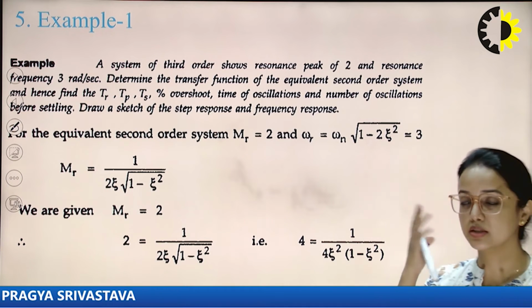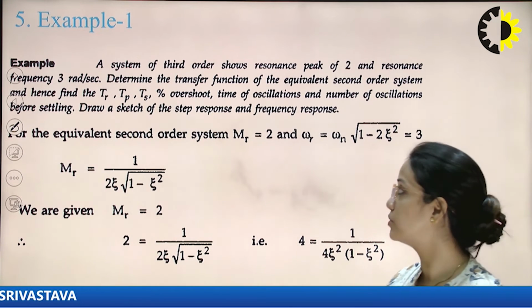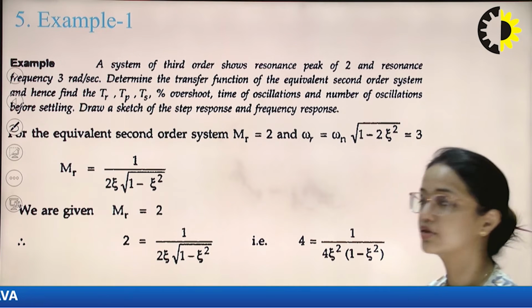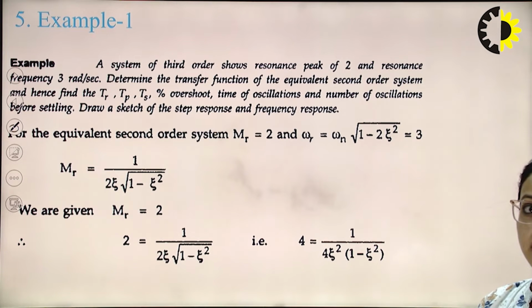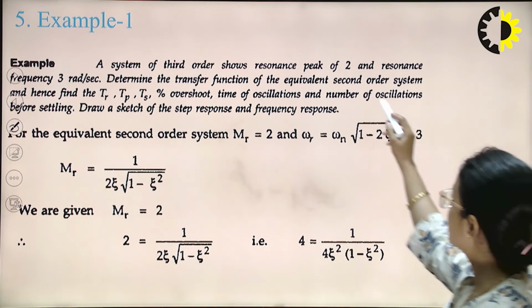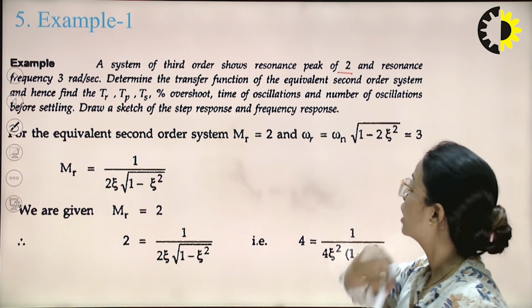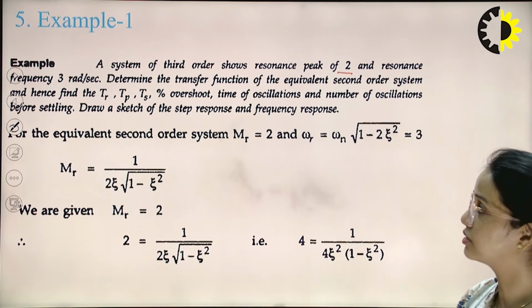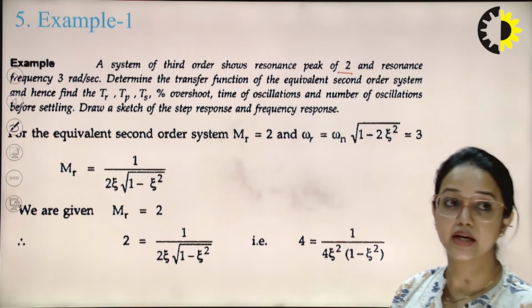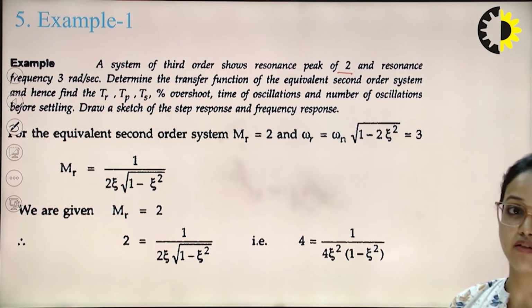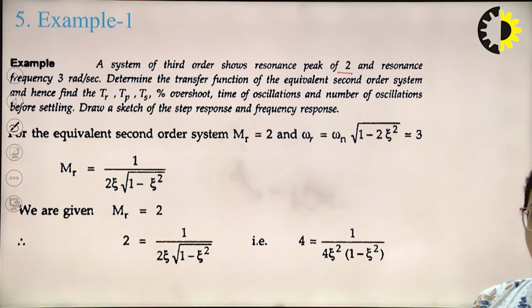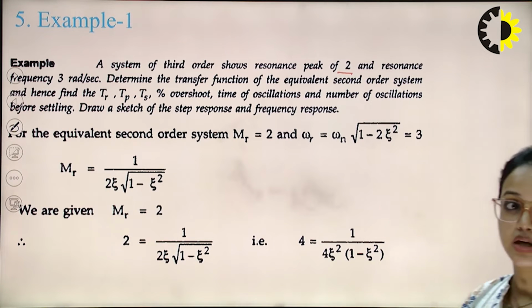So presently we have an example where a system is said to be a third order system, which is showing a resonance peak of 2 and a resonance frequency of 3 radians per second. So at 3 radians per second we have a resonance peak which has a magnitude of 2, MR is 2.